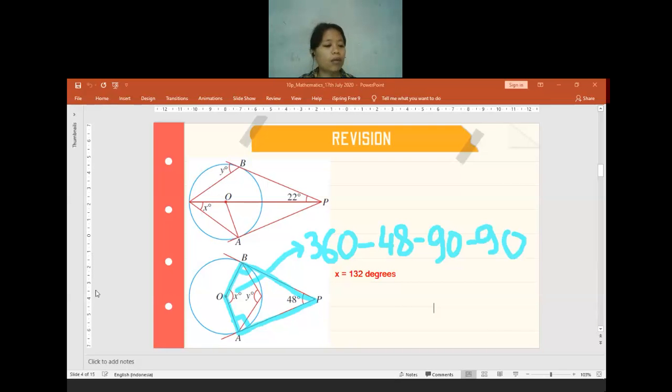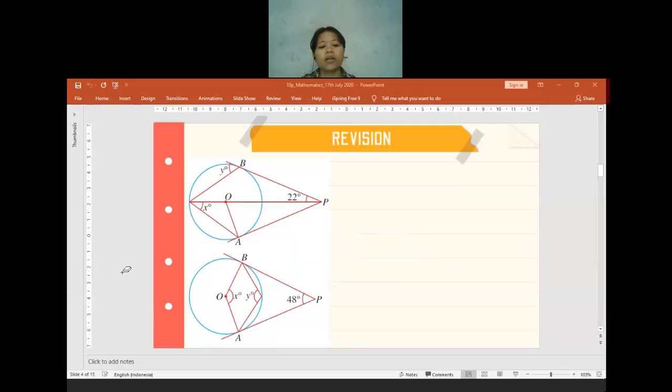Maybe I will clean up all my annotation first. Okay, we have that the angle x before was 132 degrees. Now I'm asking, the angle y is facing what arc? This is the angle y.